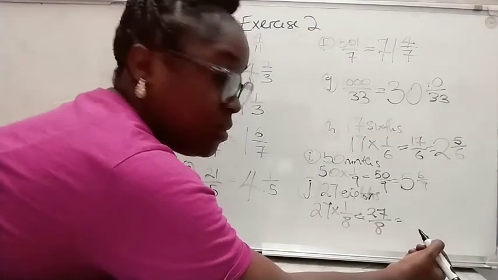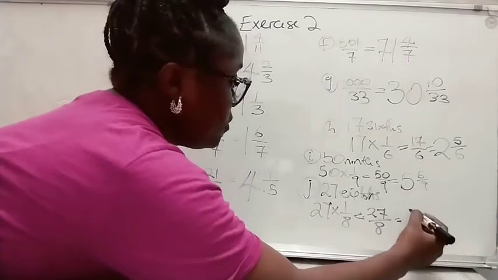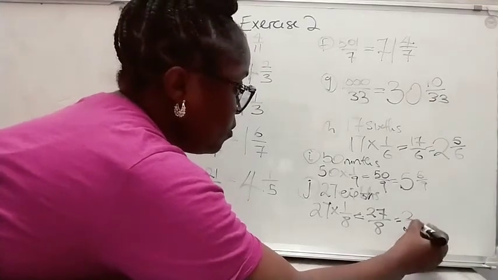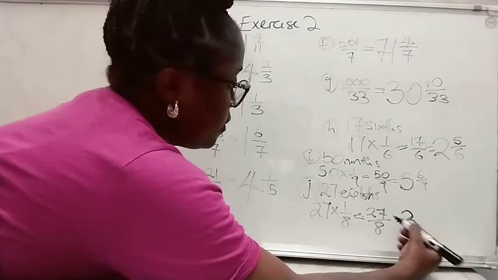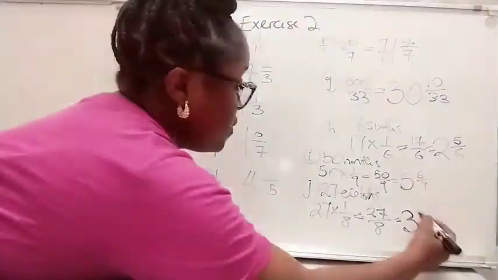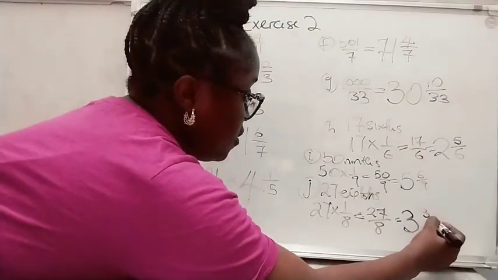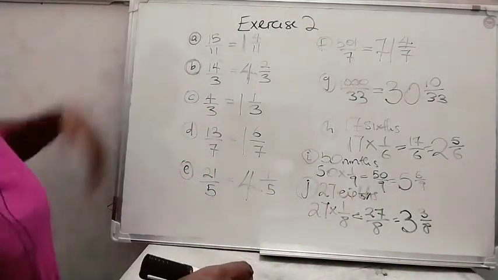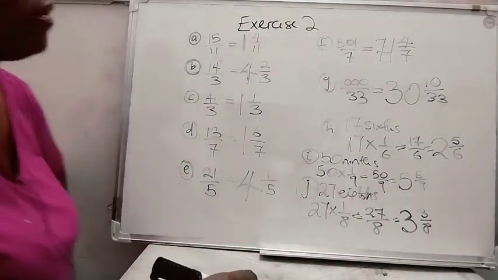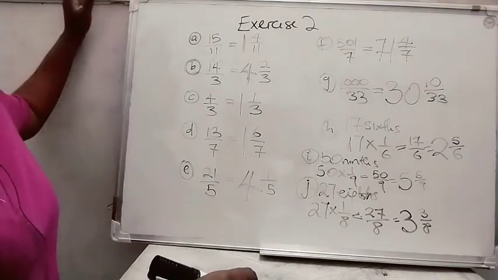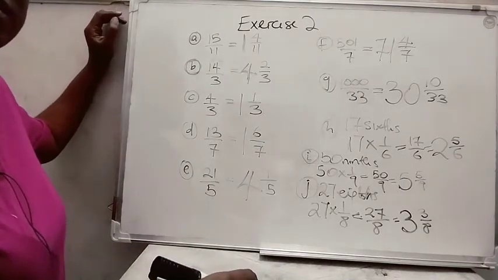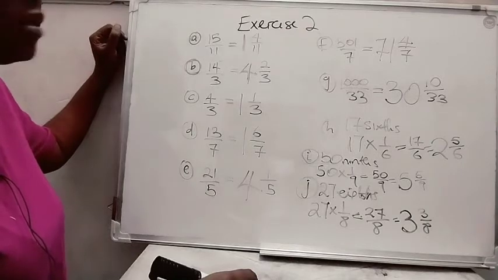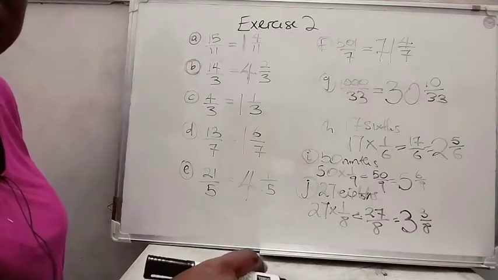I think it's 24. Okay, so that will be 3 whole number. 27 minus 24 gives us remainder 3 all over 8. So this is a rundown of this exercise of converting improper fractions to mixed fractions.